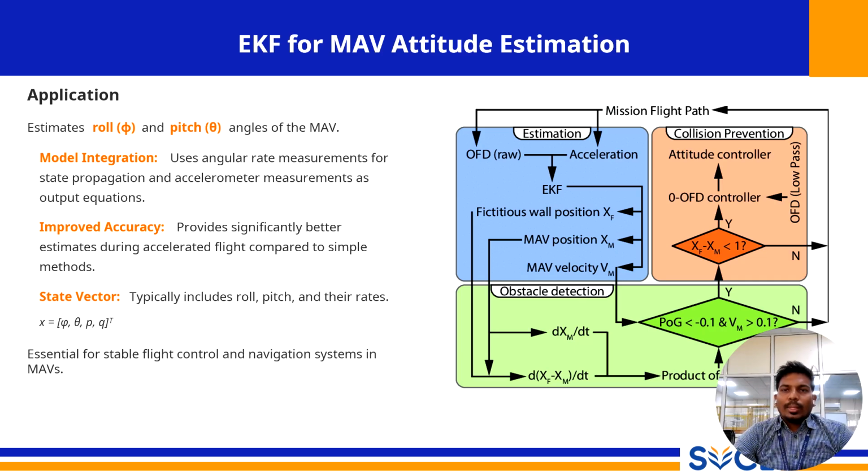Therefore, the filter also uses accelerometer measurement as the output equation. The accelerometer provides a stable, long-term reference to the direction of gravity. In the update step, the filter compares the gyro-based prediction to the gravity vector measured by the accelerometer and uses the difference to correct for any accumulated drift.